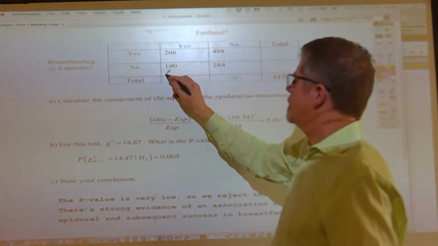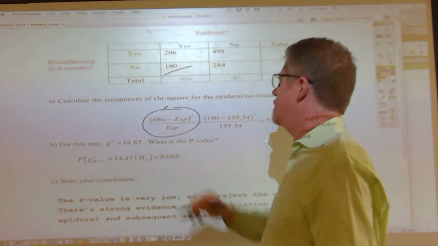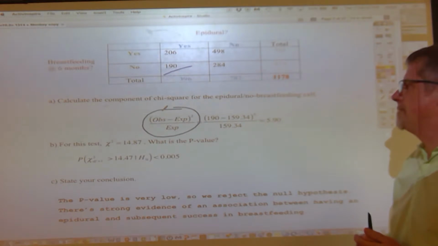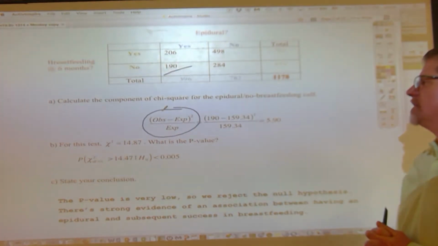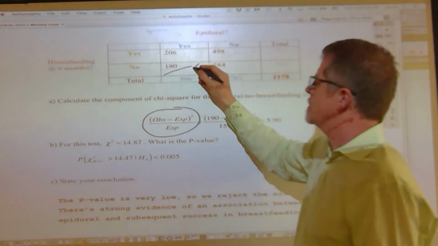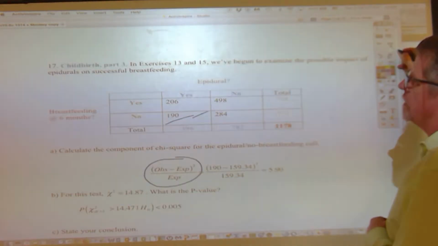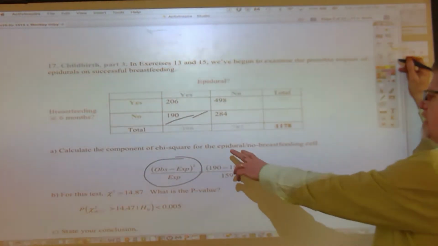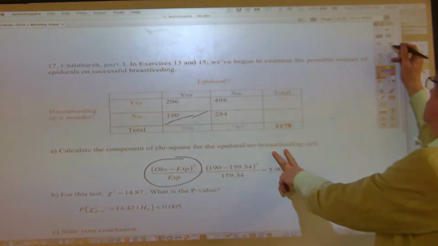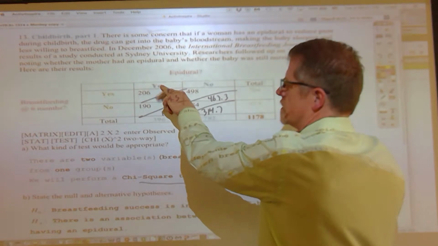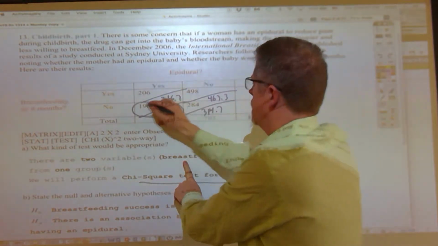Those 4 numbers, there's 4 of these made up that have to be added together to get chi-squared. They're checking to see, do you know how to calculate the components? The one they asked about was the yes epidural, no breastfeeding cell.